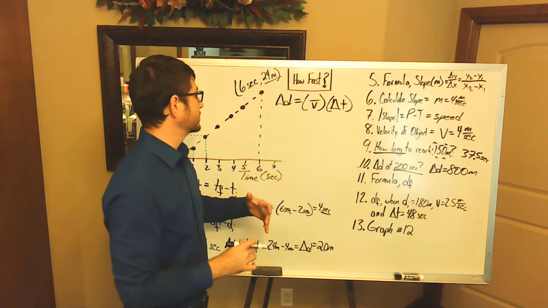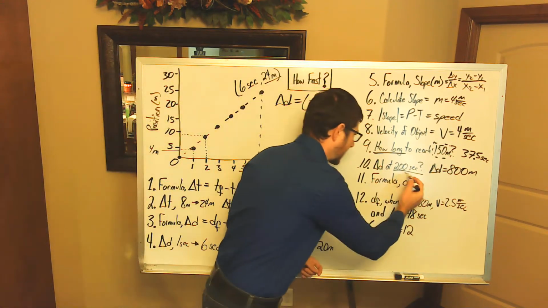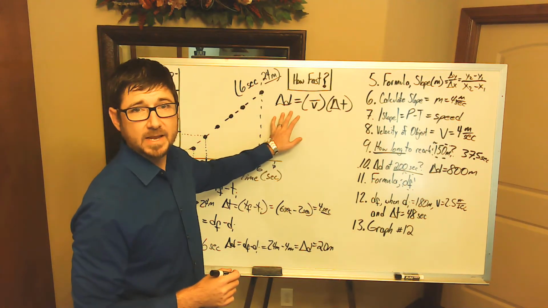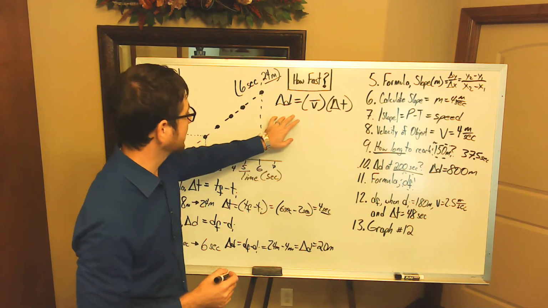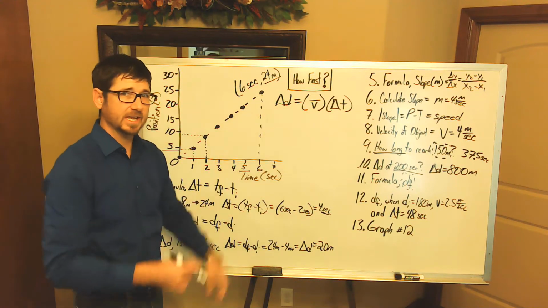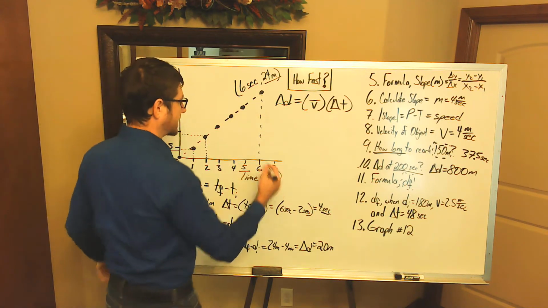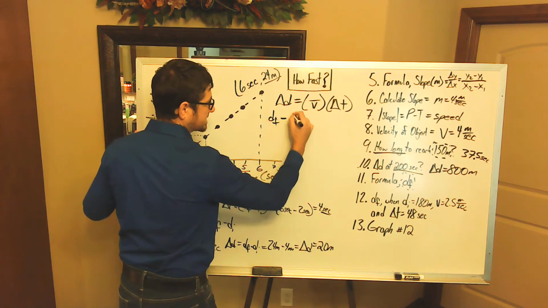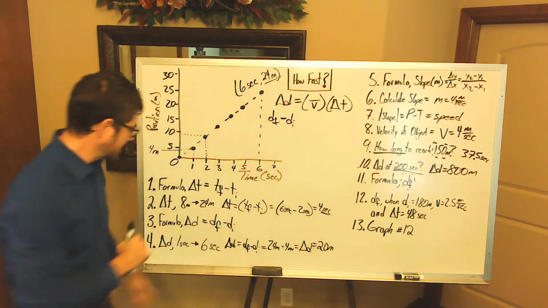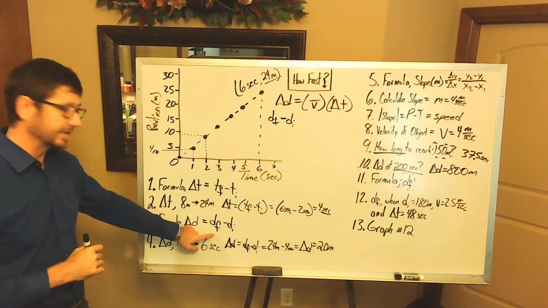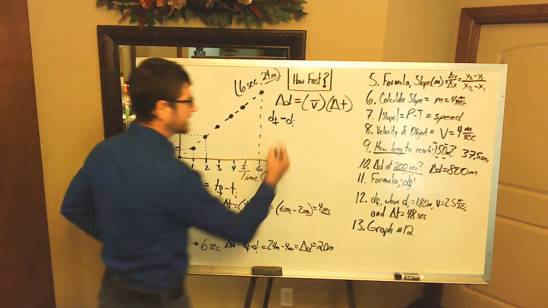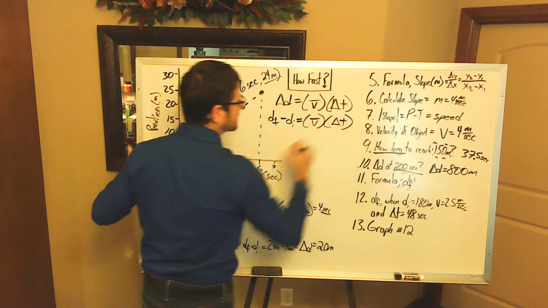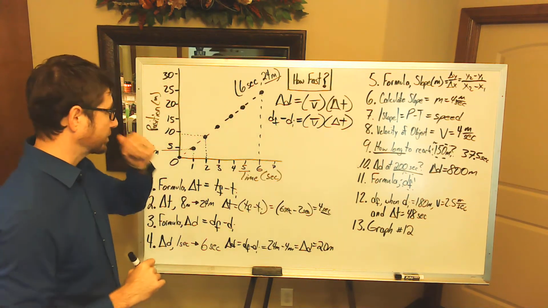But what we want to do here is identify final displacement. So let's go ahead and expand the left side of the equal sign. Remember, delta represents change in, so the change in displacement. This is the final displacement minus the initial displacement. And we actually did that in number 3 already. This is going to equal our average velocity multiplied by our time interval.